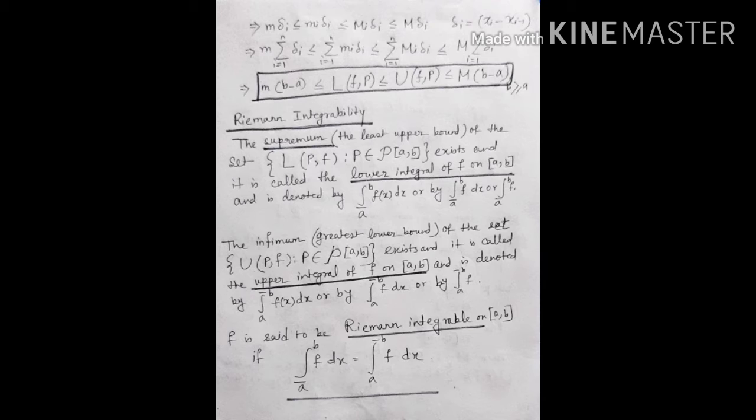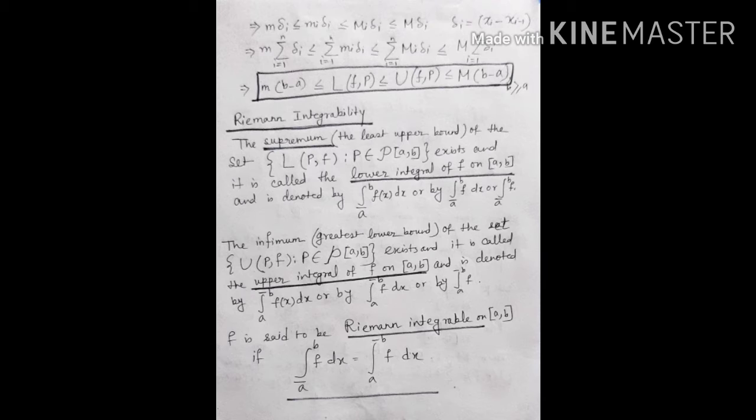This implies we take summation in all inequalities. Small m summation over i equal to 1 to n of delta_i is less than or equal to summation over i equal to 1 to n of small m_i delta_i, less than or equal to summation i equal to 1 to n of capital M_i delta_i, less than or equal to capital M summation over i equal to 1 to n of delta_i.